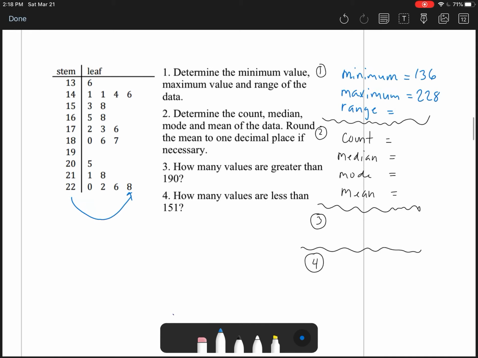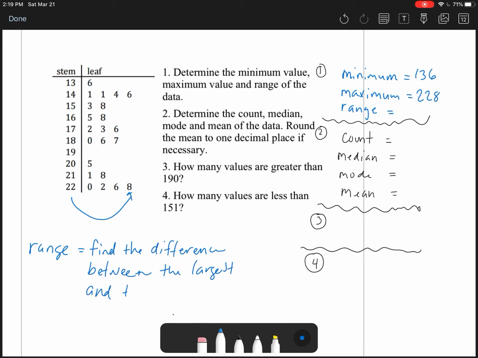And then remember how we find the range. We're going to subtract the smallest value from the largest value. So find the difference between the largest and the smallest value.